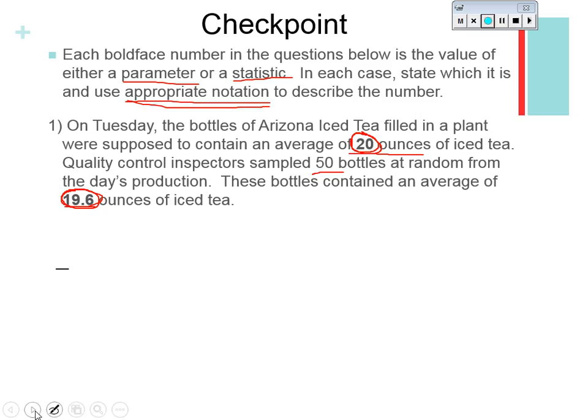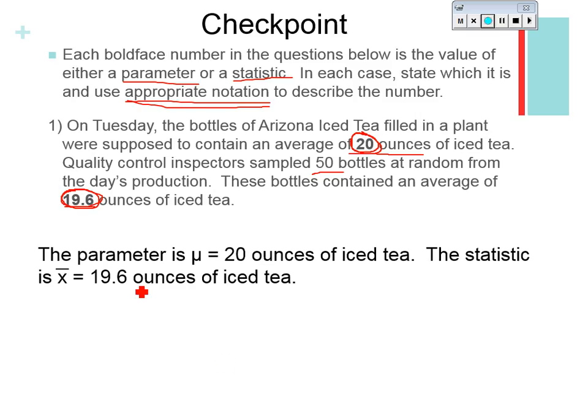So the parameter here would be the 20 ounces of iced tea. That's what the bottles were supposed to contain. However, when they did their sample, the statistic was 19.6. Notice that the first value refers to the population at large, so I'm using mu to represent that, and then this was the value of the statistic, so I'm using x bar to represent that.